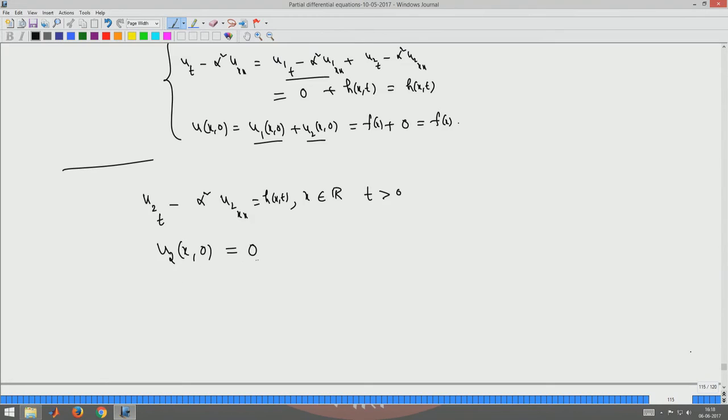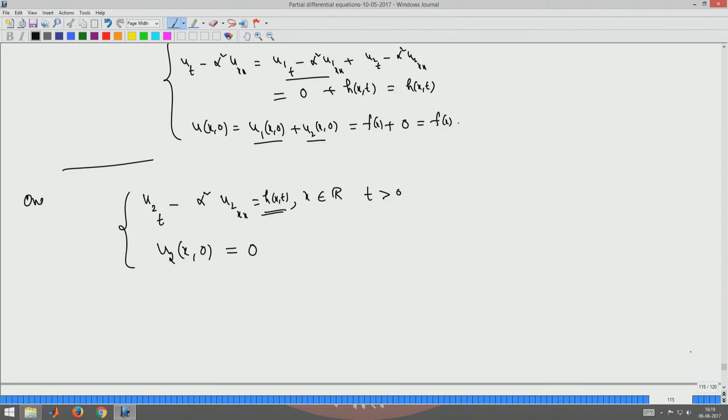So with 0 initial data, initially you have an infinite rod with heat 0, but there is heat coming from outside. That is this forcing term. So what happens to the rod? This is what we need to find, the solution of this. That means you find the solution of the non-homogeneous equation.